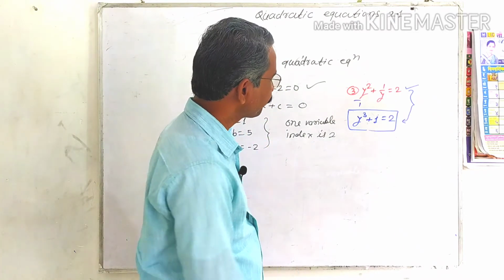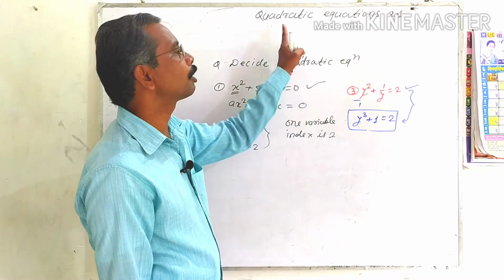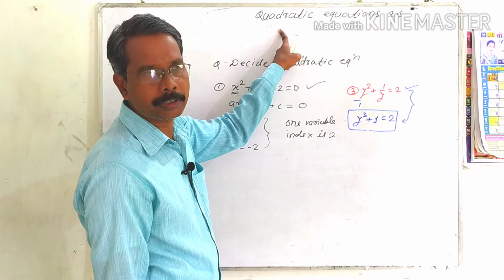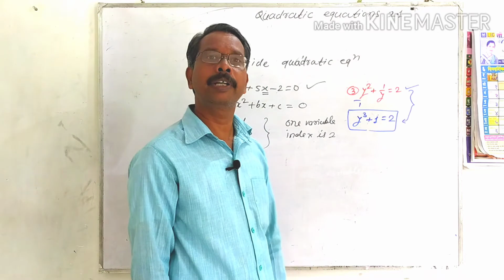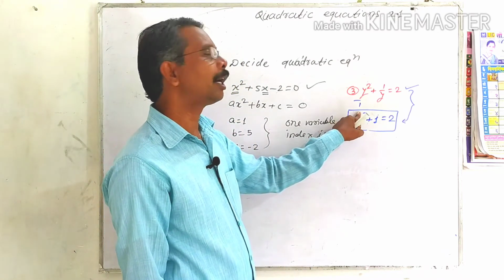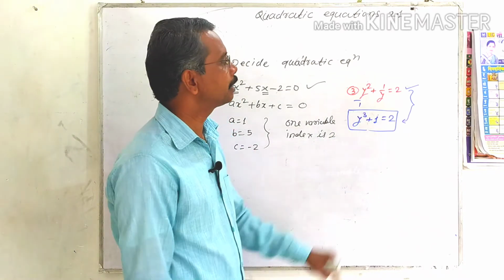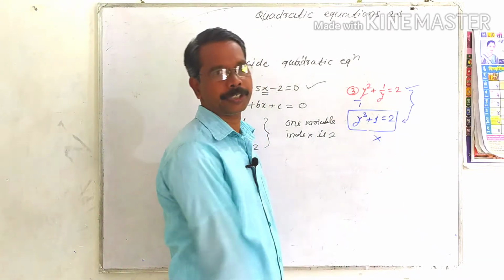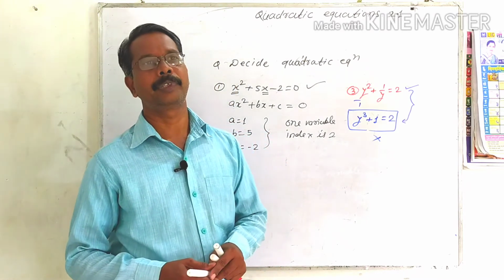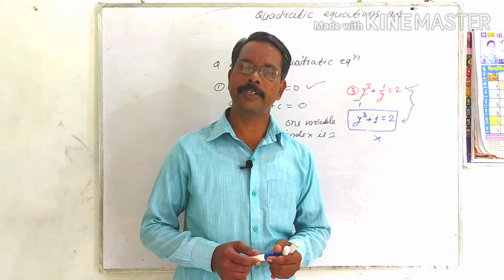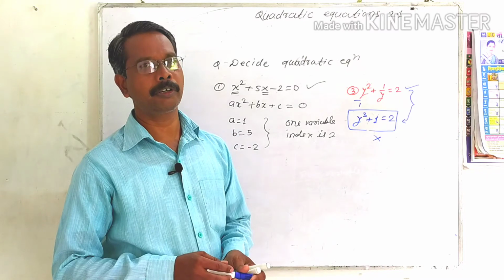Now look, the index is 3 and hence it is not quadratic equation, because for the quadratic equation we require only and only 2 as the highest index, but here is 3 and hence it is not quadratic equation. Now you can understand what a quadratic equation is and how we can decide whether it is quadratic equation or not.